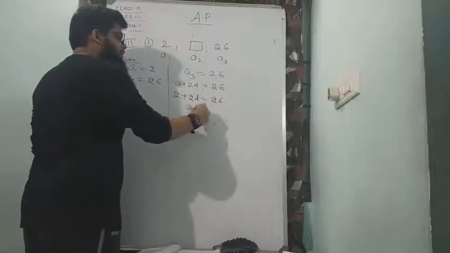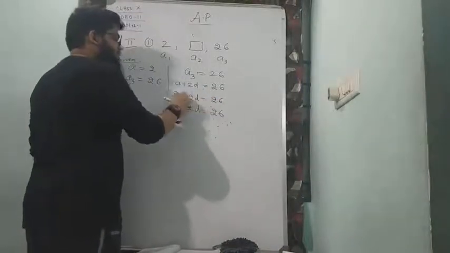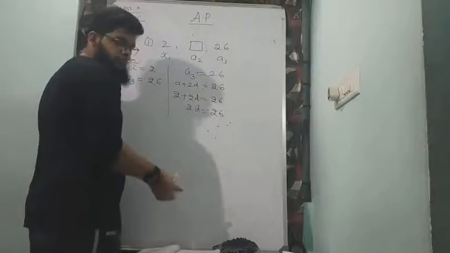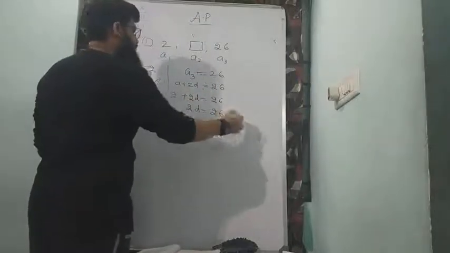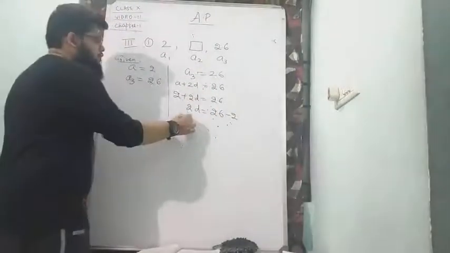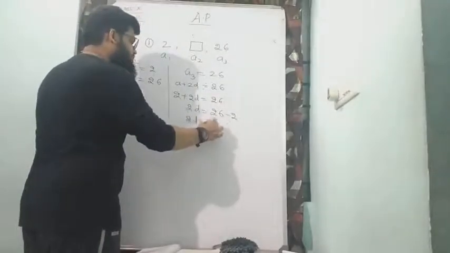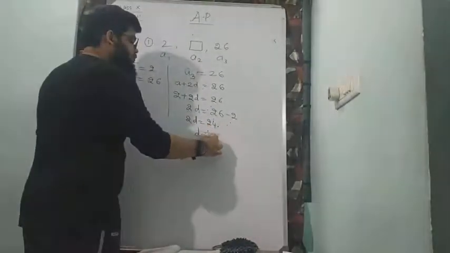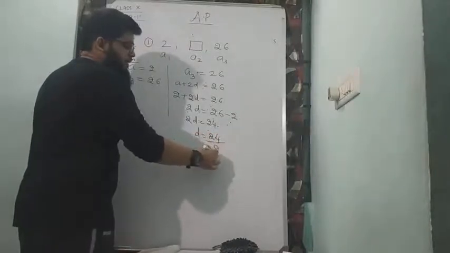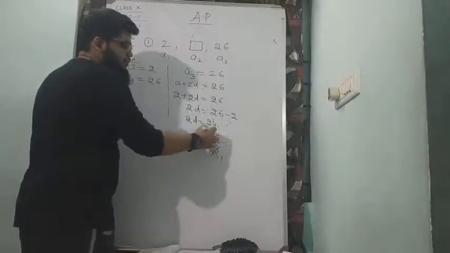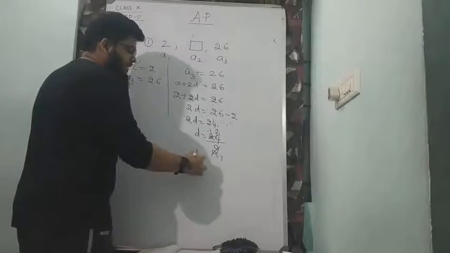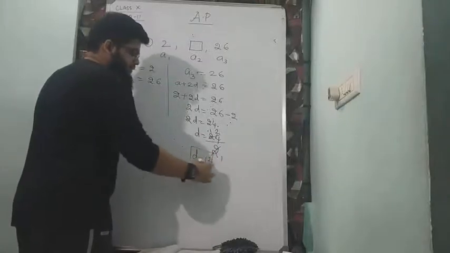So 2D is equal to 26 plus 2 goes to the other side, that becomes minus 2. So 2D is equal to 26 minus 2, which is 24, and D will be equal to 24 divided by 2. 2 ones are 2, 2 twos are 4. So the value of D is 12.